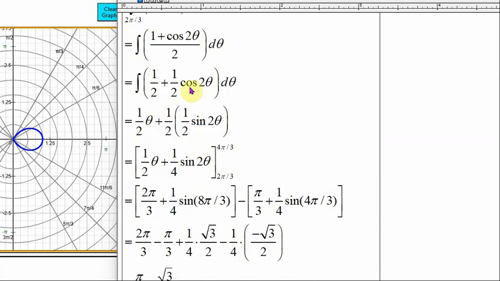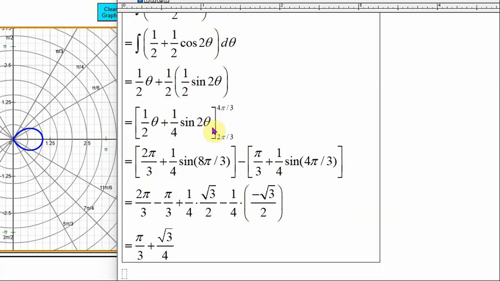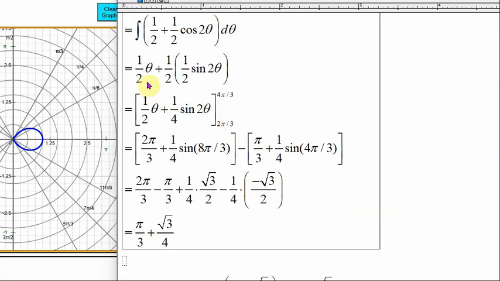And the integral for cosine of 2 theta is 1/2 sine of 2 theta. So here we get 1/2 theta, and then 1/4 sine of 2 theta, evaluated from 2 pi over 3 to 4 pi over 3. And we'll end up with pi over 3 plus the square root of 3 over 4.